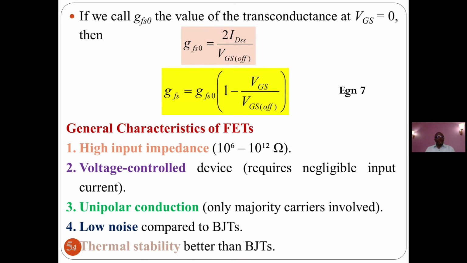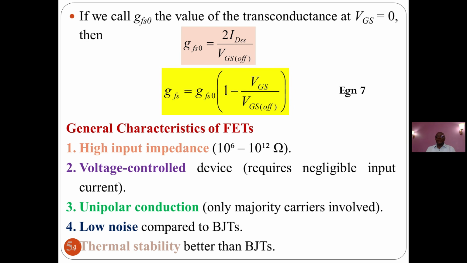So it's just the differential of equation 4. So if we now call this G subscript FS naught, the value of the transconductance at VGS equal to 0, then we substitute again. That will give us equation 7. So equation 7 gives the value of the transconductance at VGS equals 0.